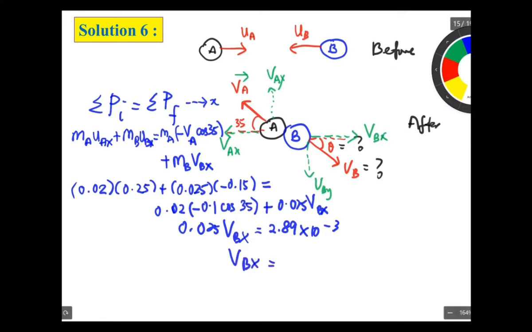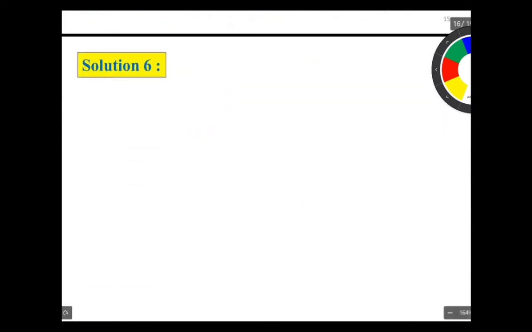VBX is equal to, bawa 0.025 to the right side, divide, you akan dapat 0.1156 meter per second. Okay. Kita dapat VBX. Okay. And then, belum selesai lagi. Kita kena cari VBY pula. So, VBY.